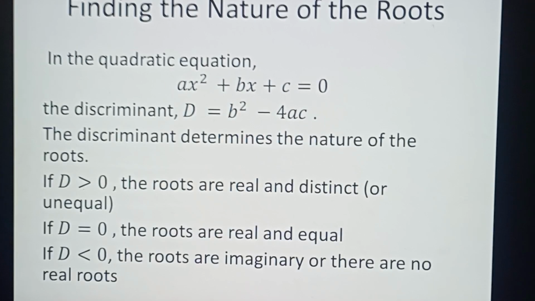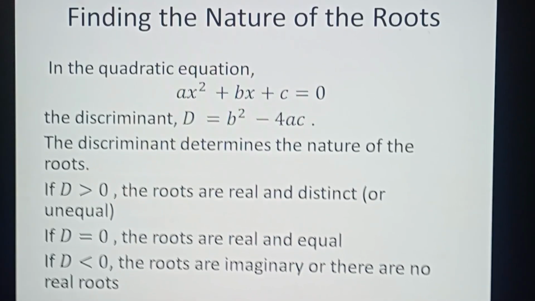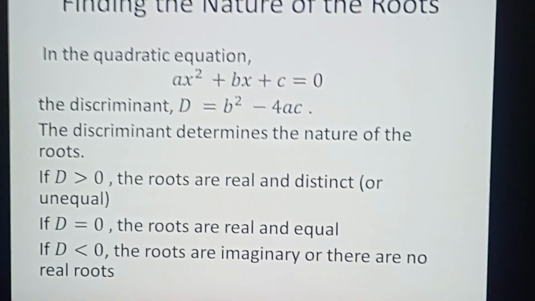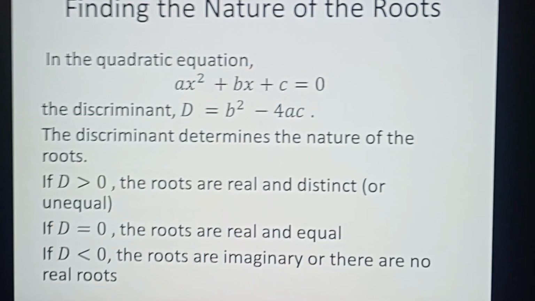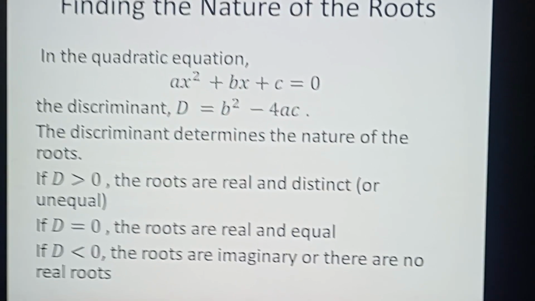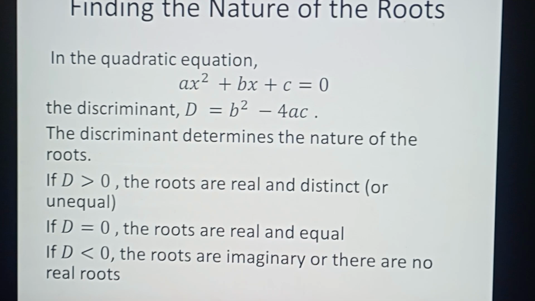If D is greater than 0, the roots are real and distinct or unequal. If D is equal to 0, the roots are real and equal. If D is less than 0, the roots are imaginary or there are no real roots.